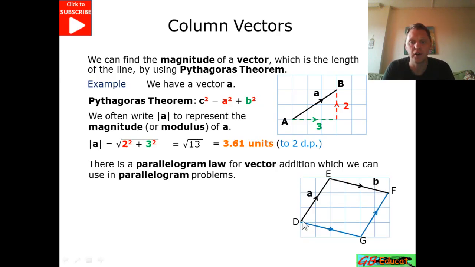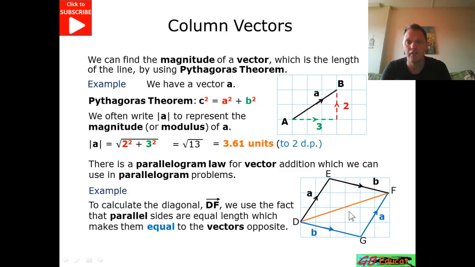There is also a parallelogram law when we're talking about vector addition. So here I've got a parallelogram, where I've got from D to F, using my direction from D to F, I could use my direction A plus B for this. But this is going to be the exact same as if I went from D to G and then G to F. It will be the exact same results.